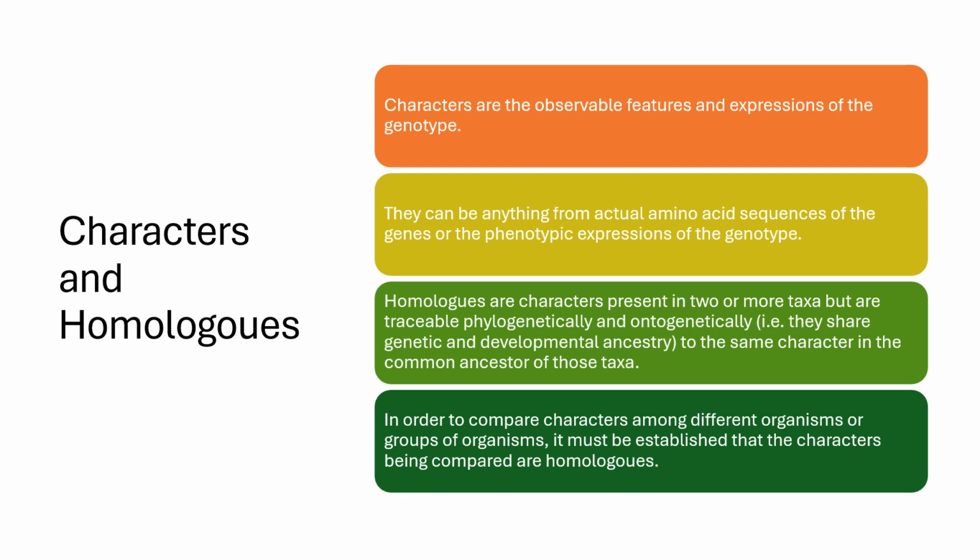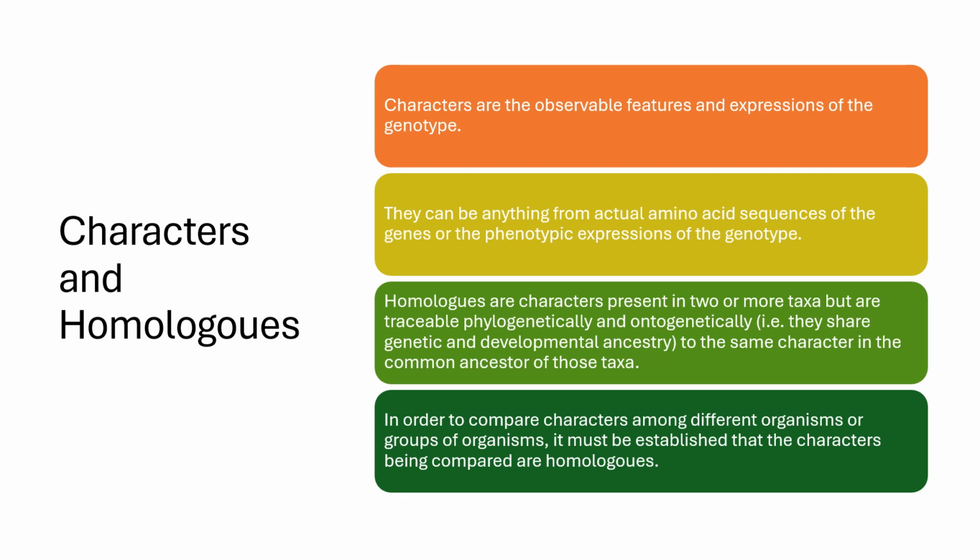Now, what are homologs? Homologs are characters that are present in two or more taxa but are traceable phylogenetically and ontogenetically to the same character in the common ancestor of those taxa.